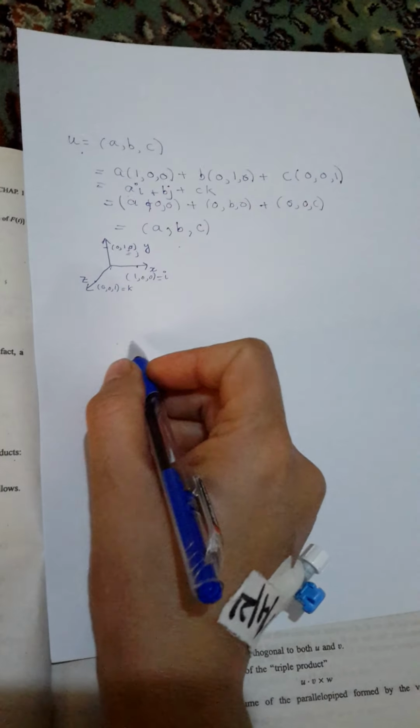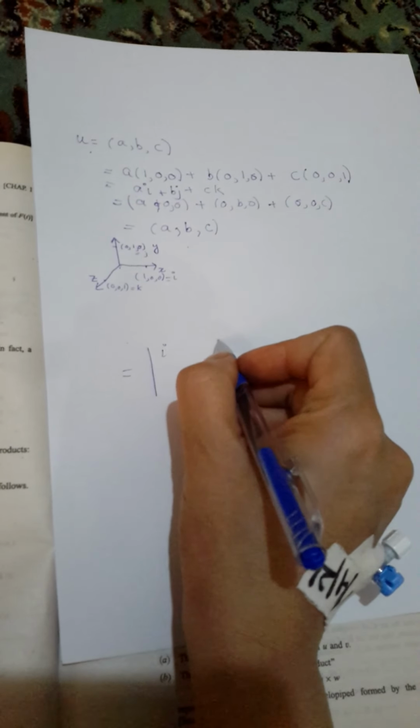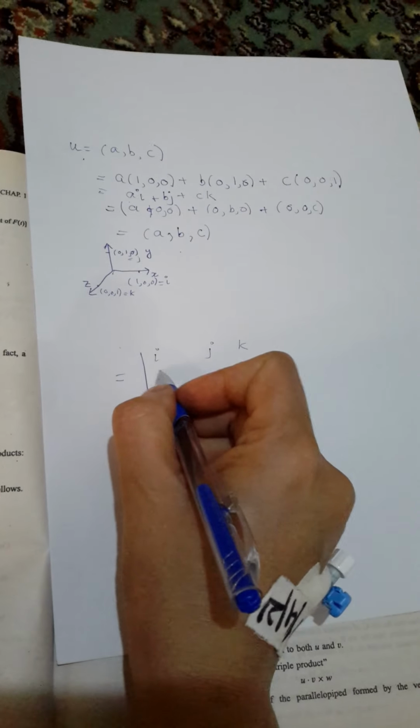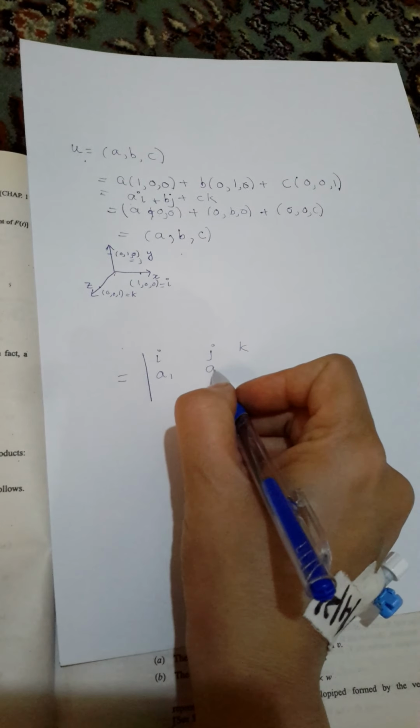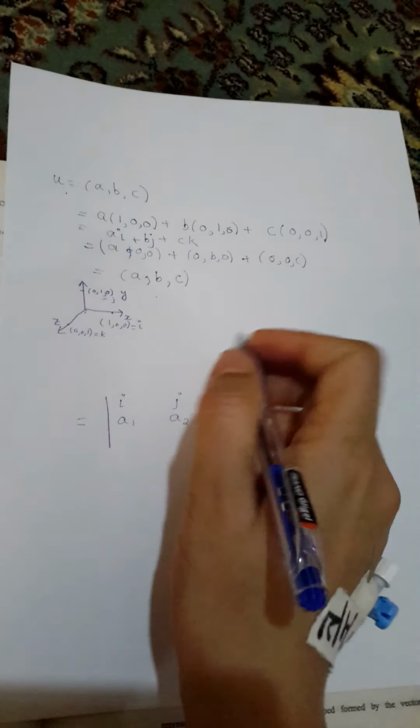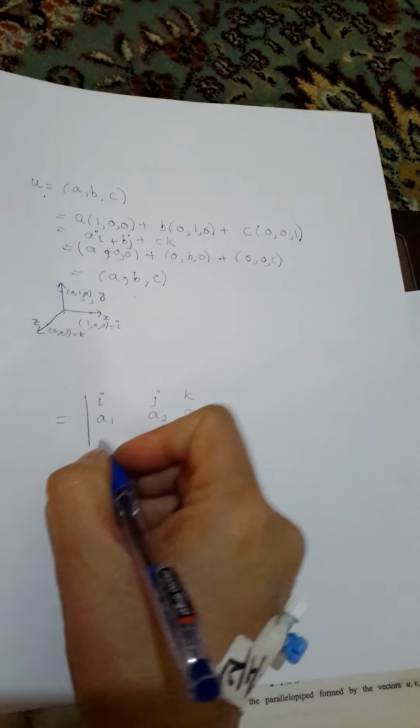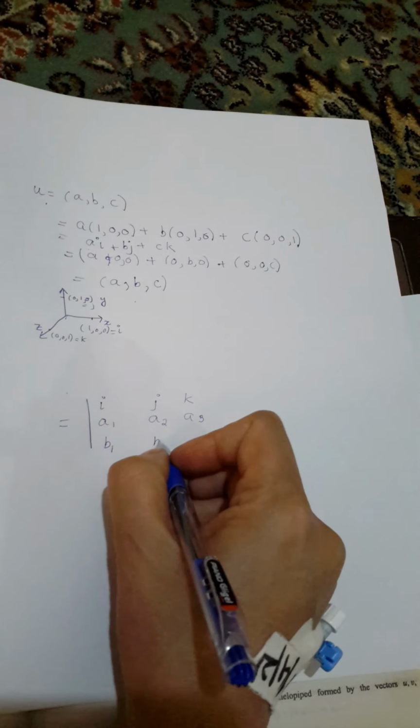It can also simply be written in the form of the determinant of i, j, k, A1, A2 and A3, and B1, B2 and B3.